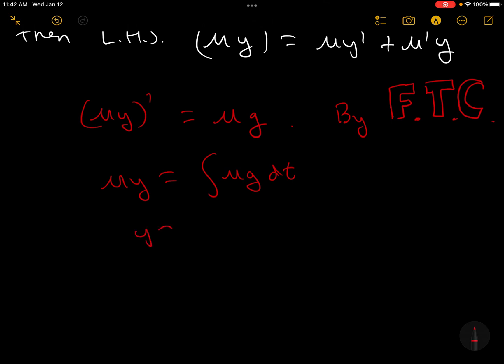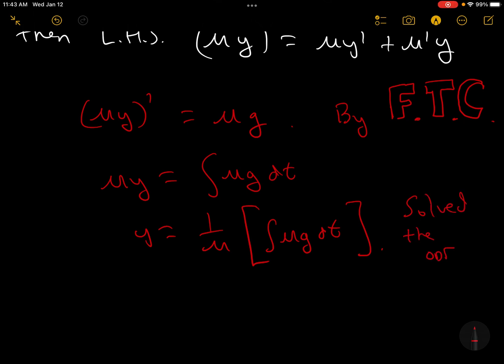Then you divide by mu, you get 1 over mu times the integral of mu g dt, and we've solved the ODE, assuming this integral exists.